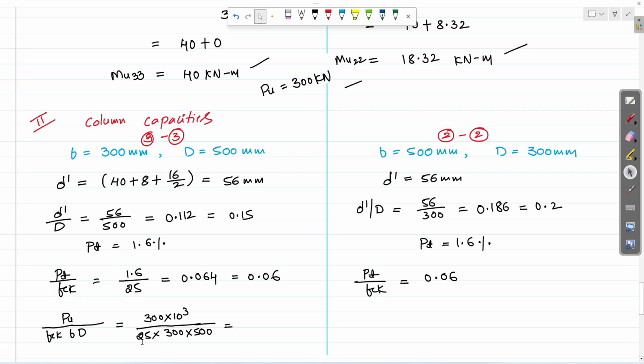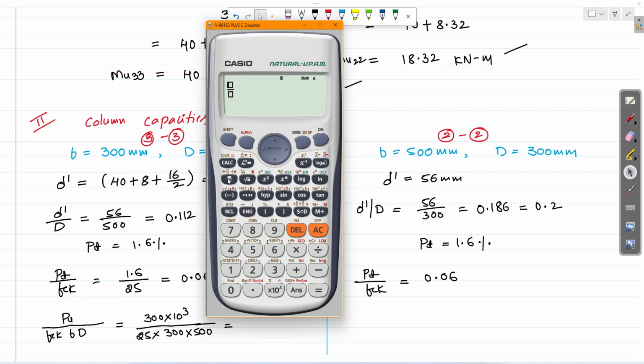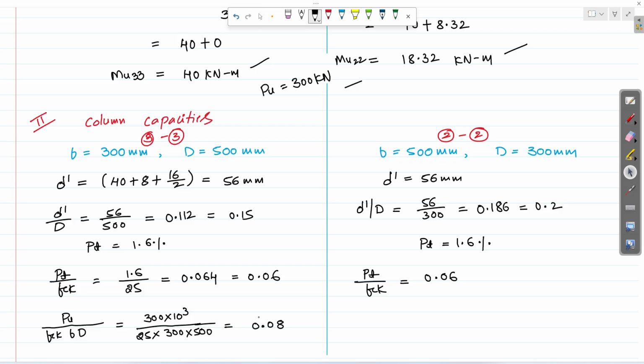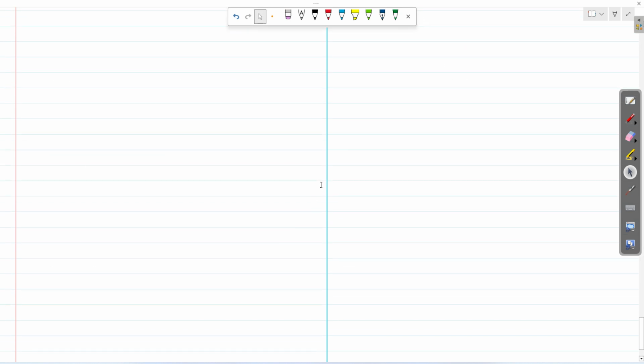So it will be 300 into 10 power 3 divided by 25 into 300 into 500, 0.08. So about this axis also, PU divided by FCK BD will remain same, 0.08. Okay.